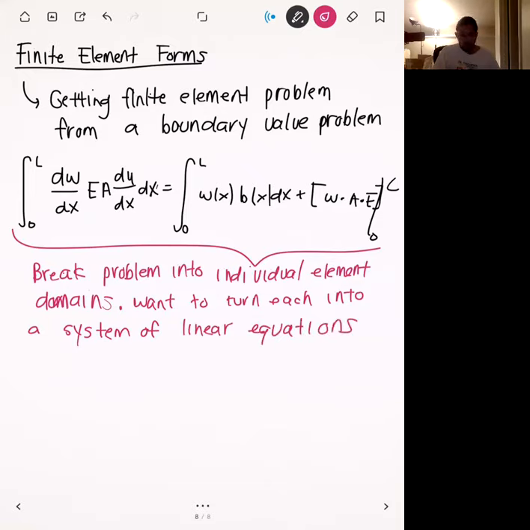All right. And so just as a reminder here, our system of linear equations basically means we have a matrix of coefficients multiplied by a solution vector is equal to some right-hand side forcing vector. So in other words, we have a situation that looks like this. We have K. K is our stiffness matrix of coefficients.